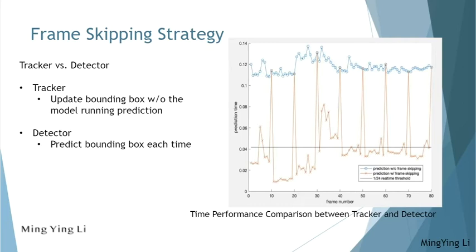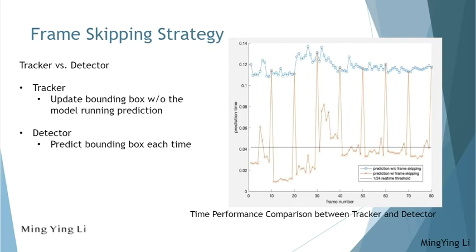And our tracker will update itself again after the initialized bounding box and after our defined number of frames. There is a period. We will reinitialize the detector again and send a new bounding box to the tracker. So the whole process can be done again and again and save a lot of time.